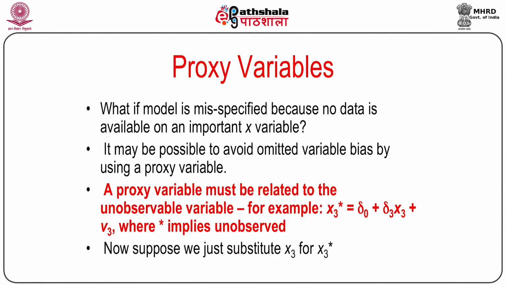For example, if x3 star is the unobserved variable, then x3 star can be made a function of delta naught plus delta 3 x3 plus v3, where star implies the unobserved case. Now suppose we just substitute x3 for x3 star.